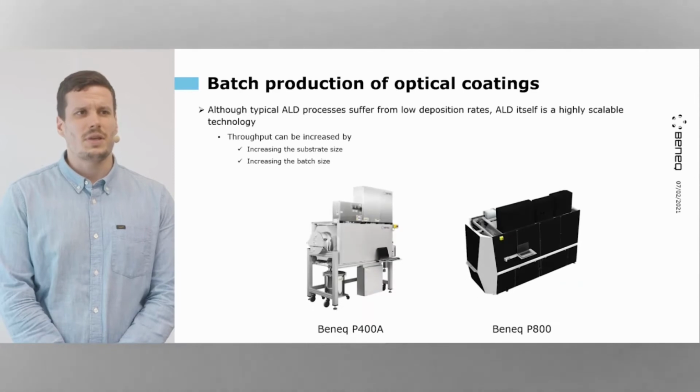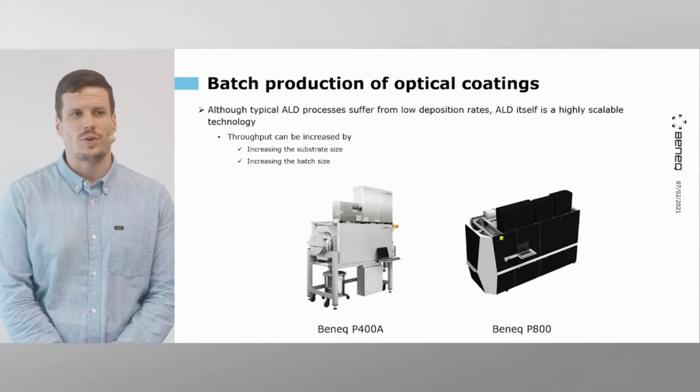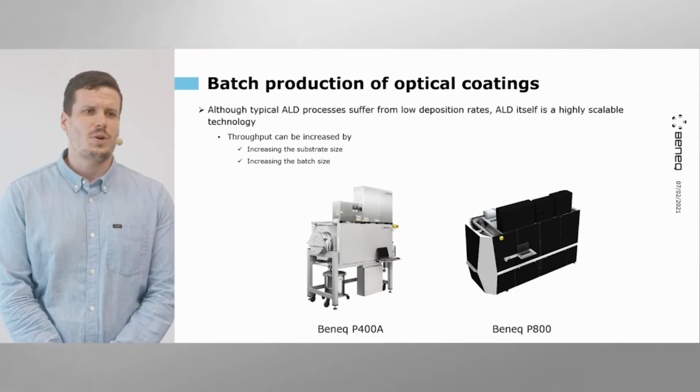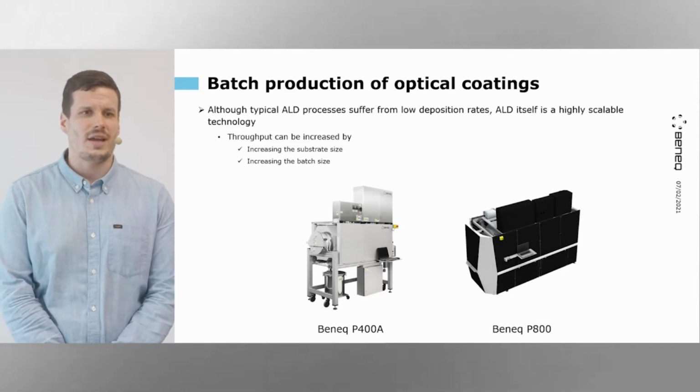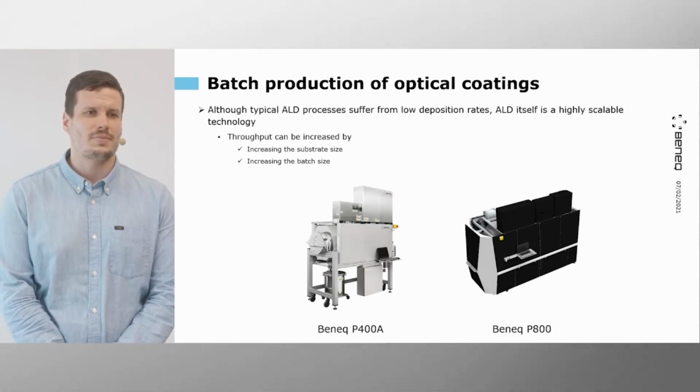Nevertheless, in many optical applications, one is typically looking to coat multiple wafers or substrates in a single run. For this purpose, we have developed our batch ALD equipment, P400A and P800, that are ideal for this purpose.